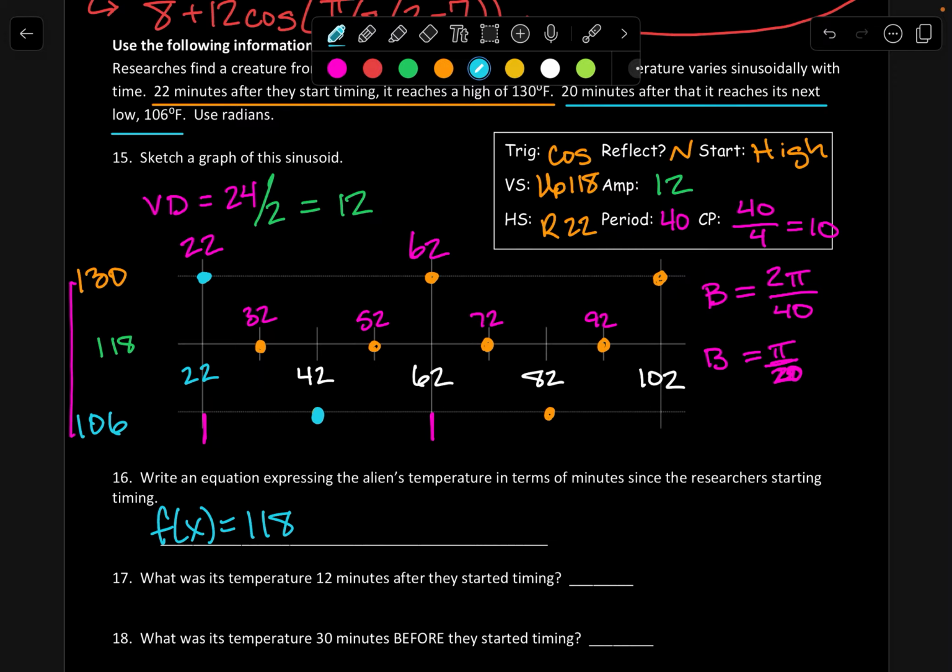It hasn't been reflected, so I'm going to say plus. For my a value, my amplitude, I'm going to put 12. For my trig function, it's cosine. My b value, pi over 20. I am in radians, so I'm going to use an x. I'm moving to the right, so I'm going to say minus 22. And then I'll close the parentheses.